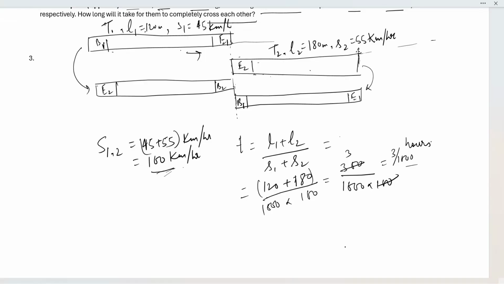So 1 hour is equal to 3600 seconds. So in seconds, it will be 3 by 1000 into 3600. Cancelling the zeros, we get 108 by 10, or 10.8 seconds. So this will be the time taken for the trains to cross each other when they are traveling in the opposite direction.